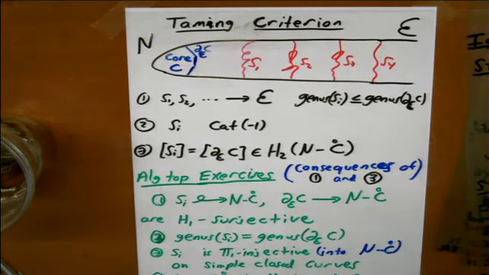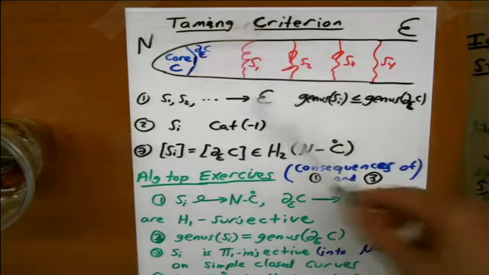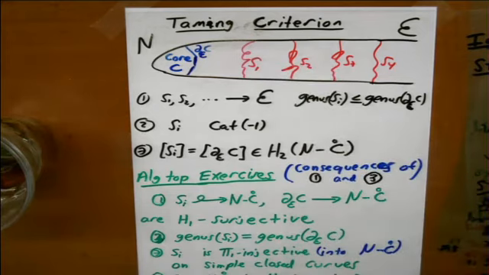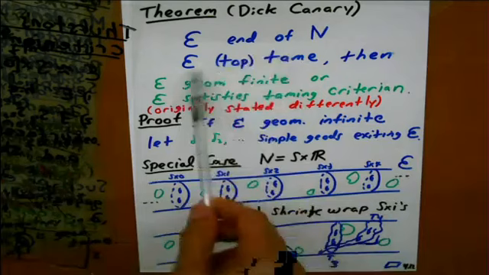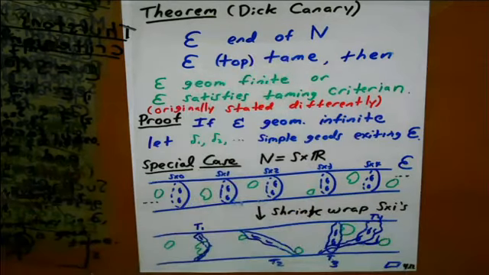So now I'd like to give you an idea of the proof of the tameness theorem. We want to show that it satisfies this tameness criterion. So let's give a proof of Dick's theorem that if you have an end of a 3-manifold that's topologically tame, then it's geometrically tame.